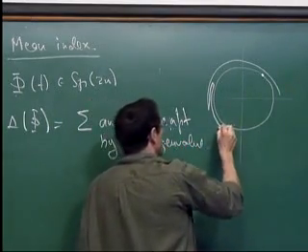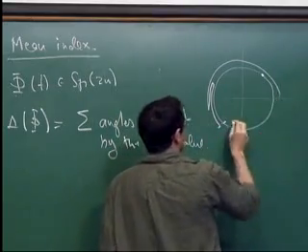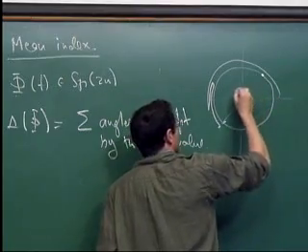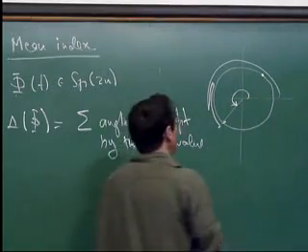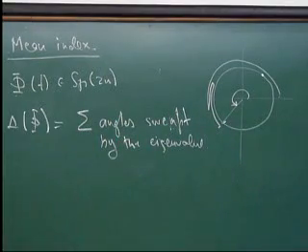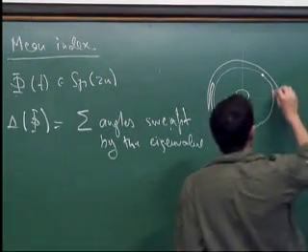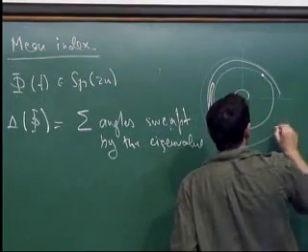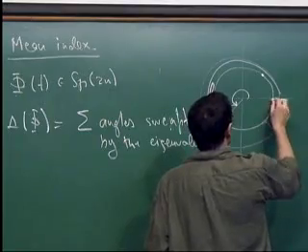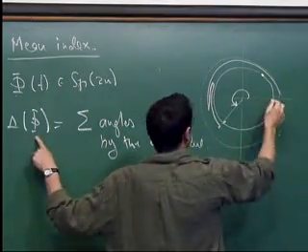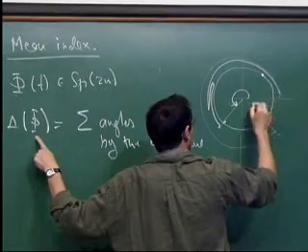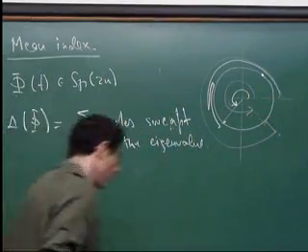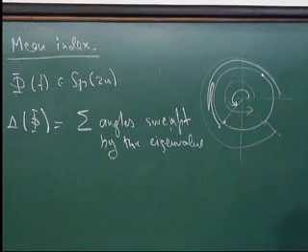So in this example, the mean index is this. If you have two eigenvalues, the white one and the pink one goes here, then the mean index is the sum of this angle and that angle.